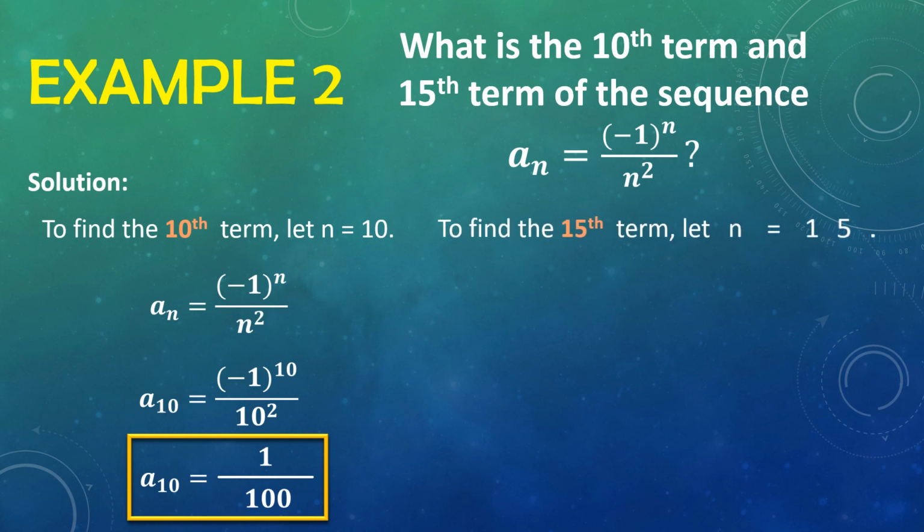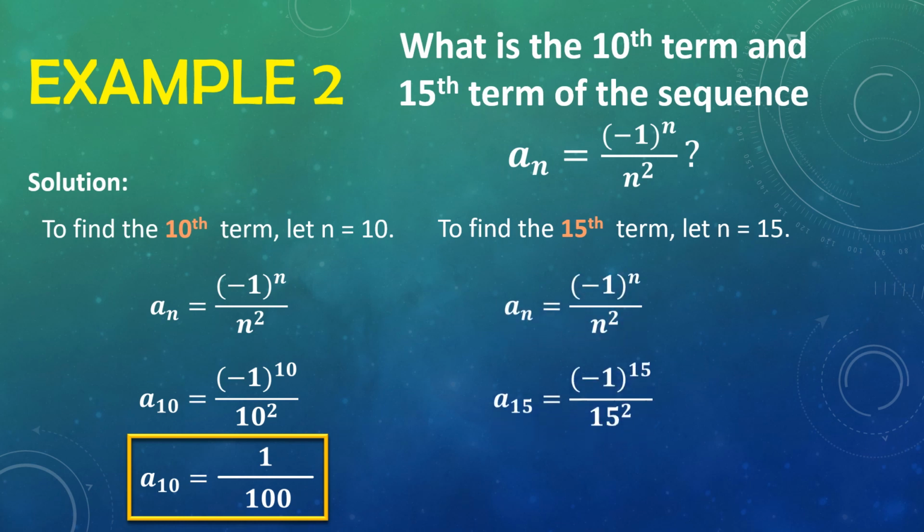Next, to find the 15th term, let n be equal to 15. Again, using the general term or formula given in the problem, substitute the value of n, which is 15, and then simplify. A sub 15 is equal to negative 1 raised to 15, which will give us negative 1, all over 15 squared, which will give us 225.